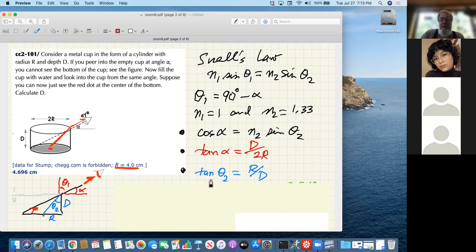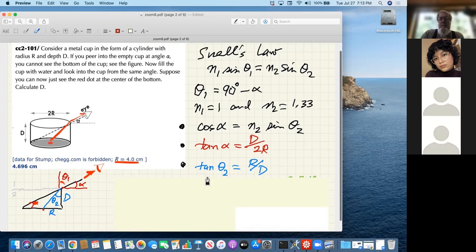So I have here three equations, various unknowns. I guess we have four unknowns, but we also have this fourth equation. No, that equation has disappeared. In these three equations, I have three unknowns. Alpha, theta 2, and D are all unknown.